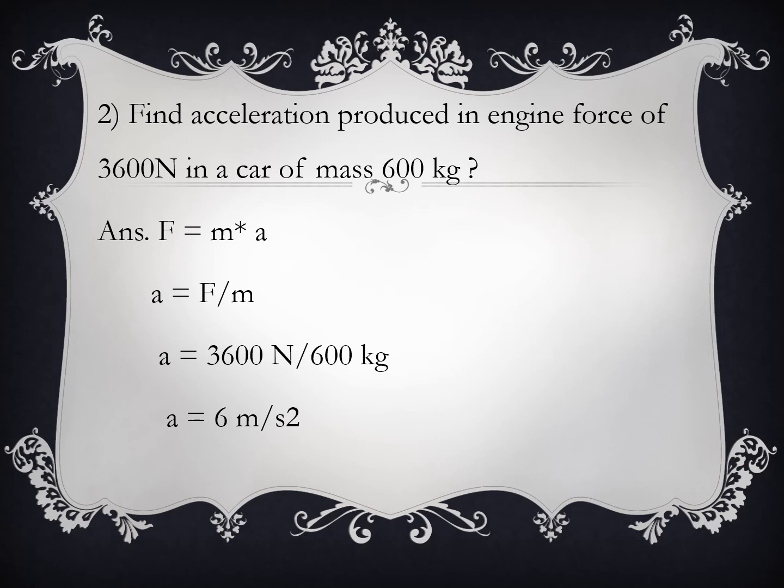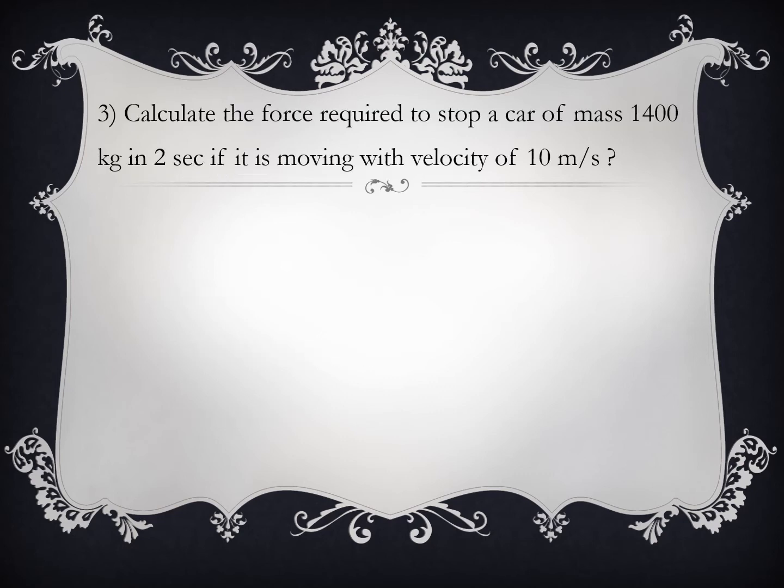Now come to the third problem: calculate the force required to stop a car of mass 1400 kg in 2 seconds if it is moving with a velocity of 10 meter per second. Now I will highlight the given data first.